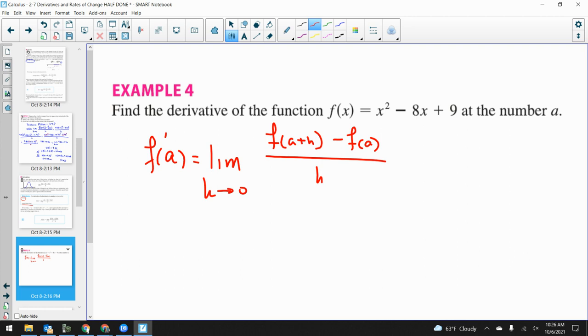It's harder to get an x minus a out of the denominator. All right, so let's evaluate that. This is the limit as h goes to 0 of f of a plus h. Remember, this notation is saying take a plus h and plug it into the function. So that means it's a plus h squared minus 8 times a plus h plus 9.